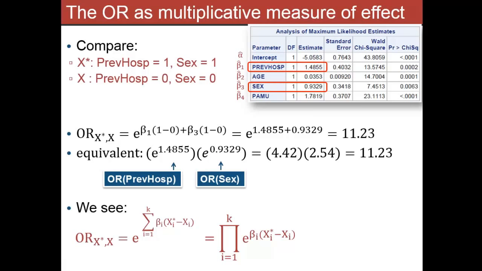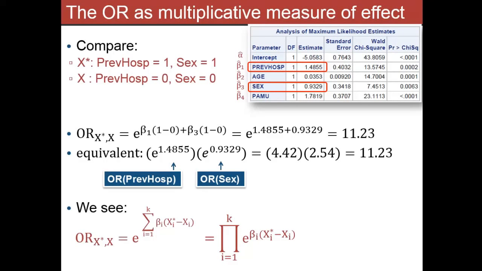Thinking back to other epi courses, we talk about multiplicative versus additive ideas and effects. The logistic model is a multiplicative model. Every term multiplies the risk. It's a multiplicative factor. In linear regression, you're adding. It's an additive model.